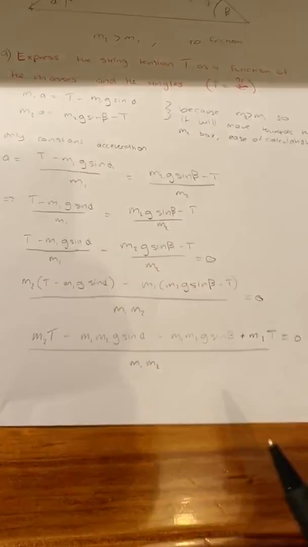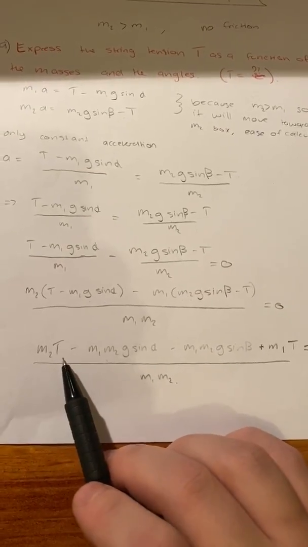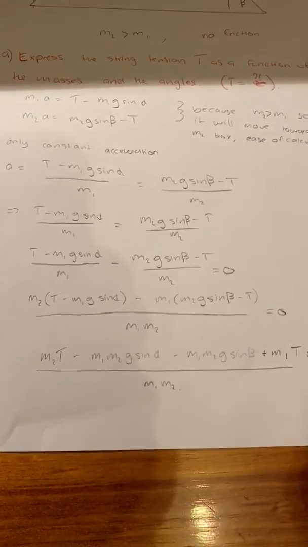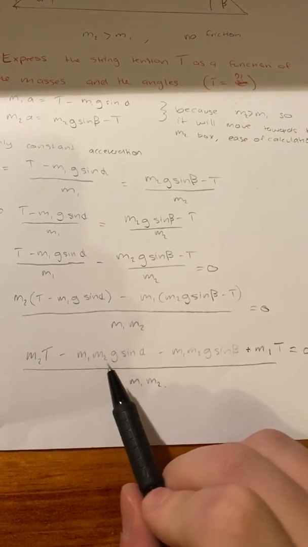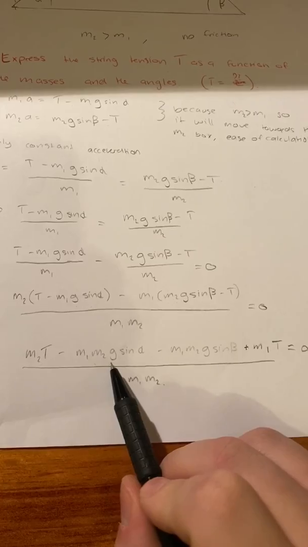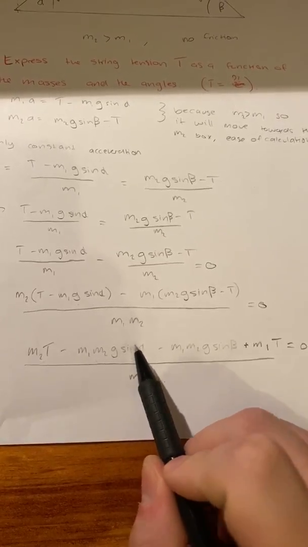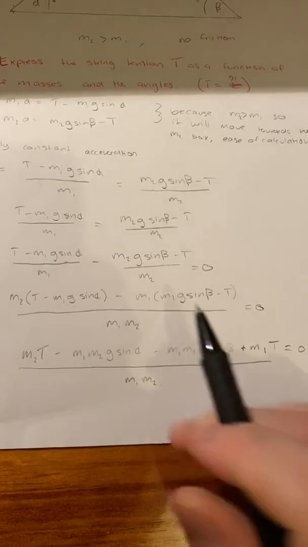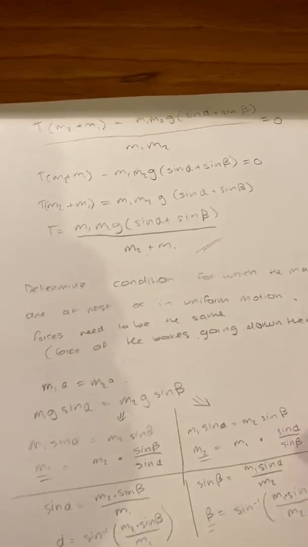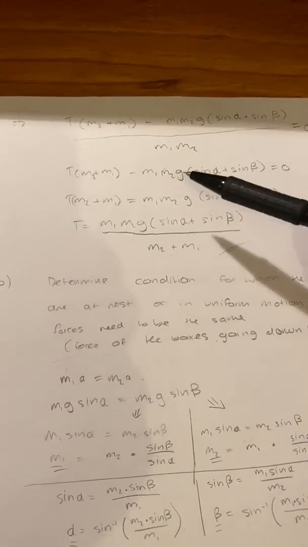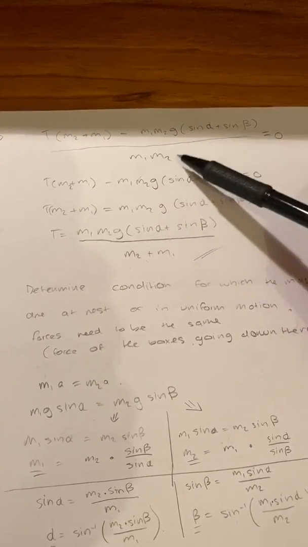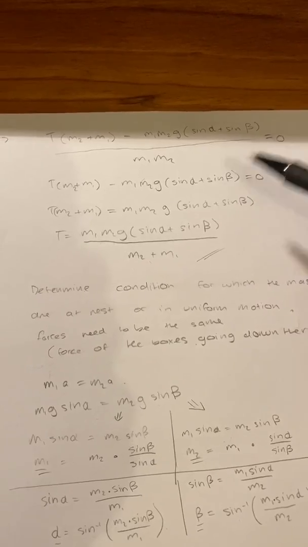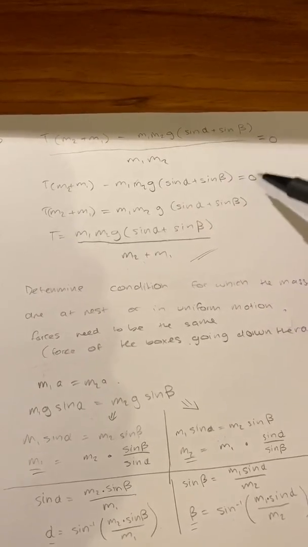You can see in this bottom equation how the T is in the m2 and also in the m1. Then the m1 m2 g is in the sine A and also the sine B. As we simplify some more, we can multiply by m1 m2 on the right hand side, so that times 0 will give you 0.